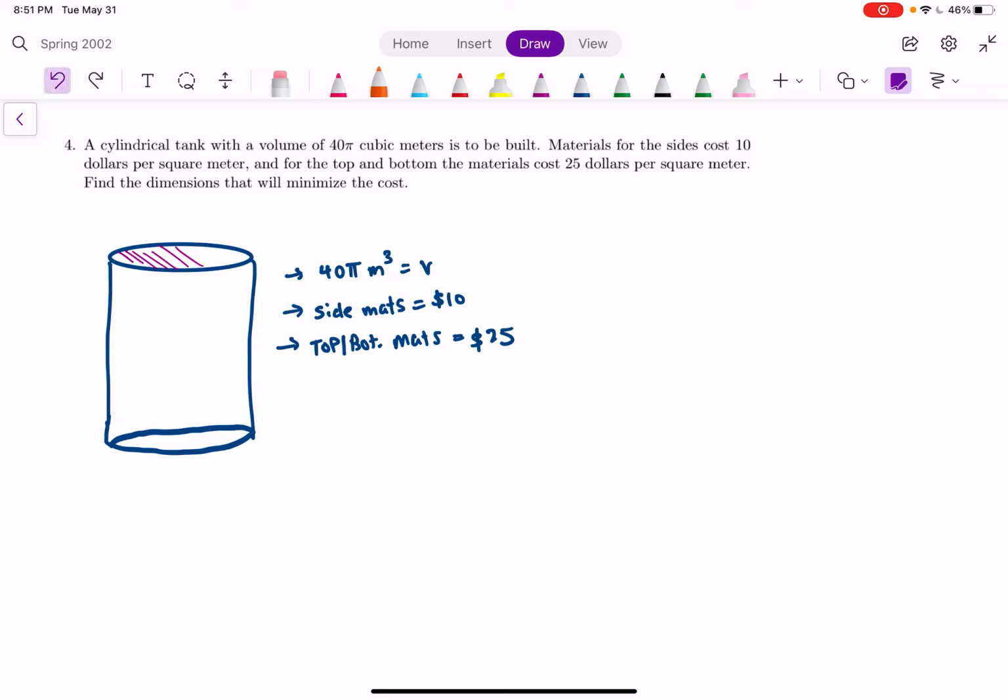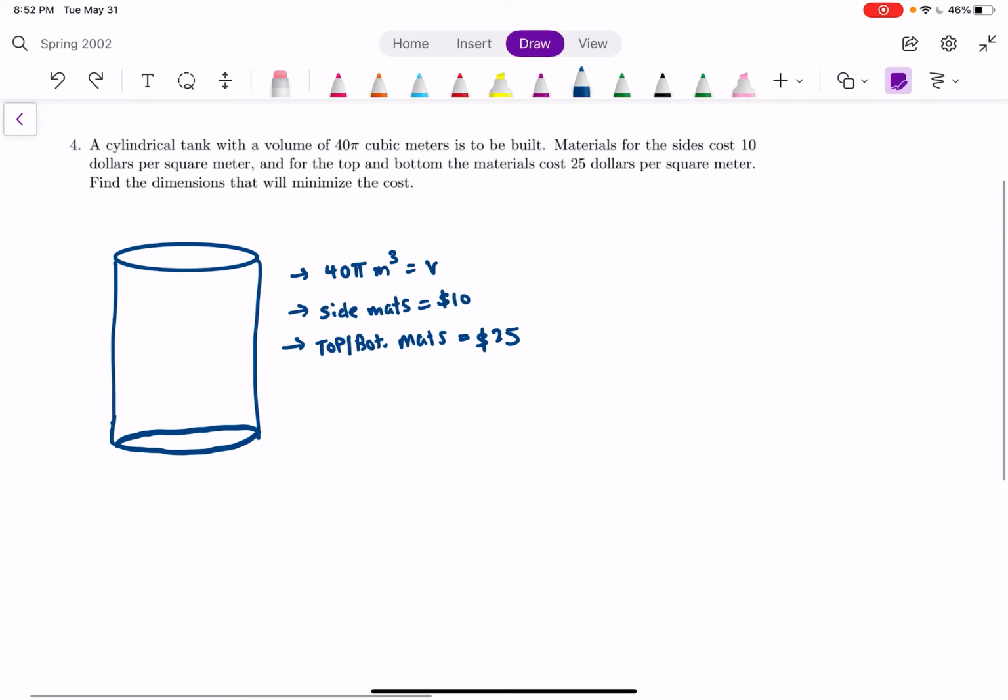So how are we going to attack this problem? The first thing is I'm going to come up with an equation for the attribute of the cylinder that I'm trying to optimize. In this case, we want to do materials, so that's going to be wrapping around the whole cylindrical shape, creating it.